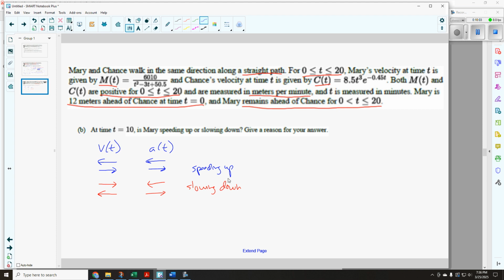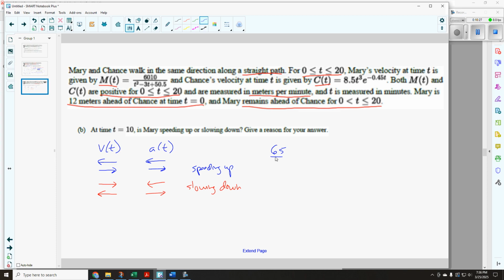The way I like to think about this is if I'm driving a car. If I'm driving at a flat 65 miles an hour and then I step on the gas and start accelerating, my acceleration and my velocity are both going in the same direction. I am speeding up.